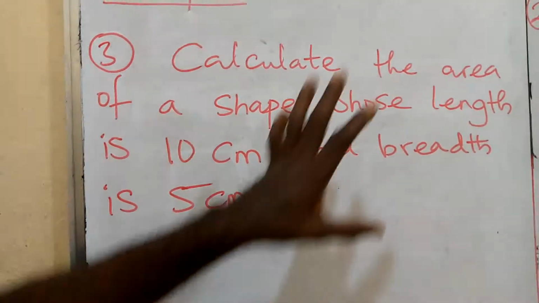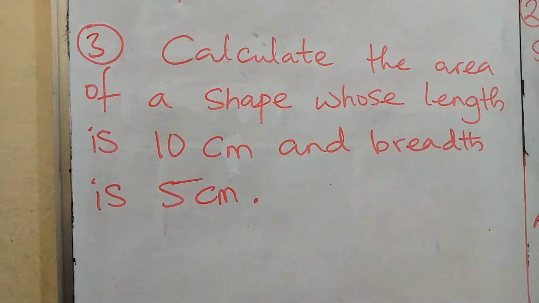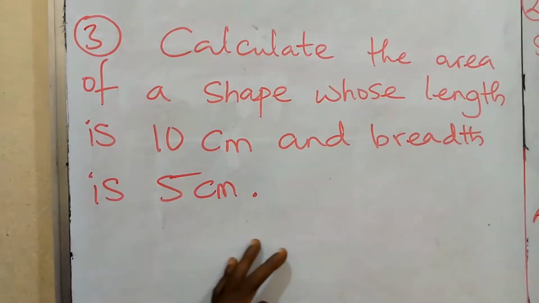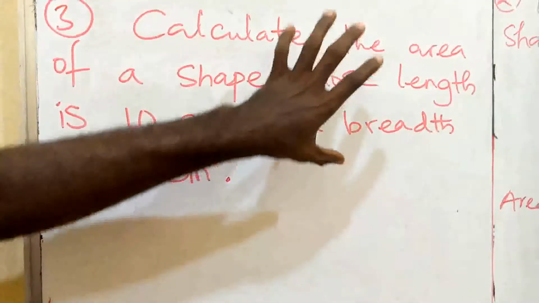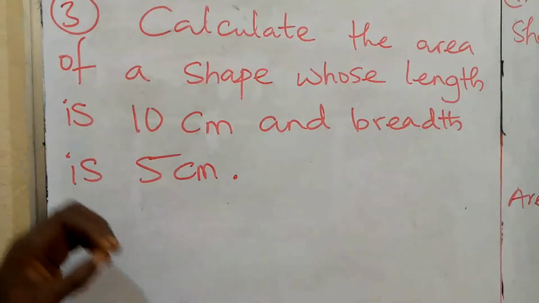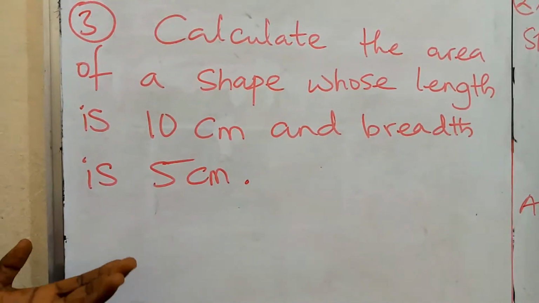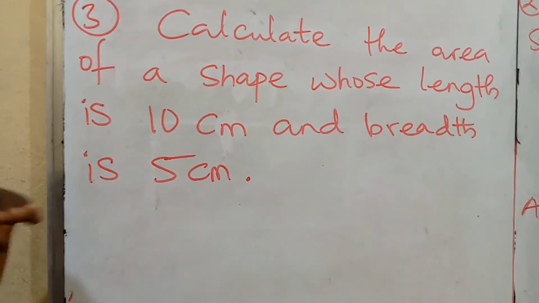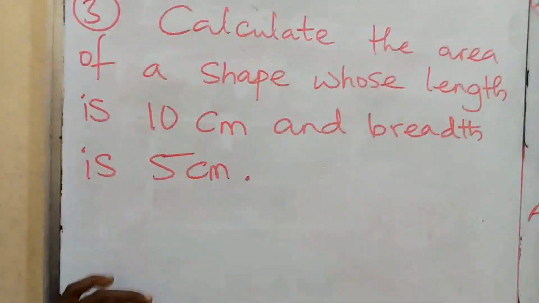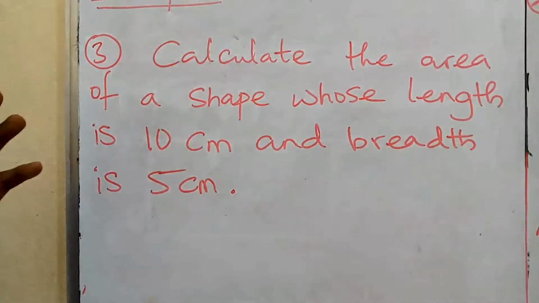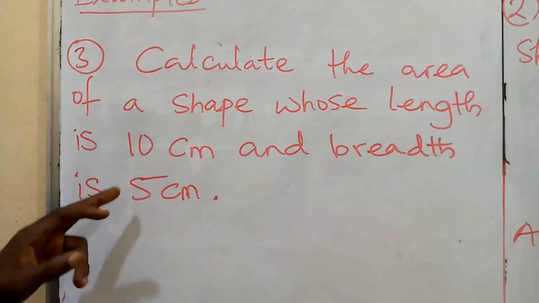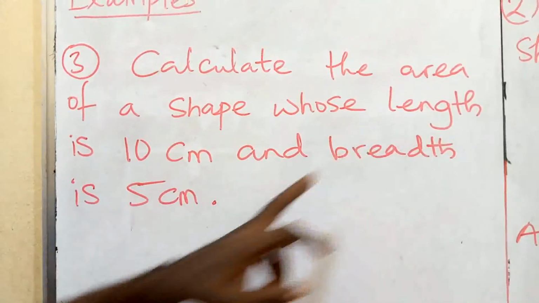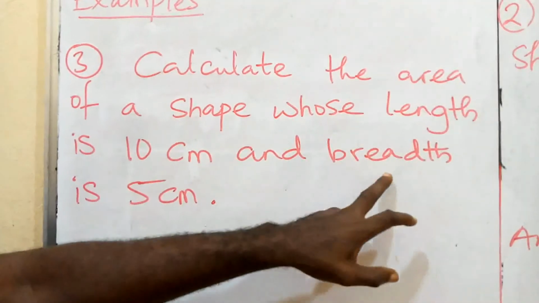All right, having understood the question, you now proceed to solving it by drawing this shape. First of all, if you take a closer look at this question, you agree with me that length has been given and breadth has been given.